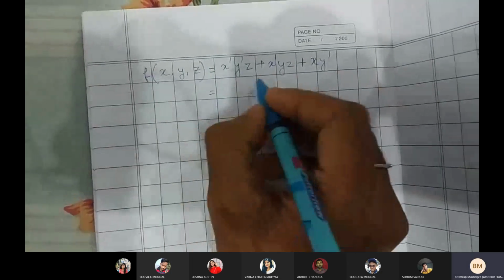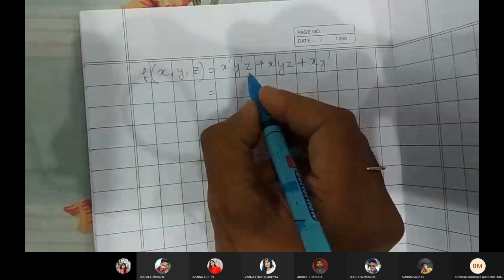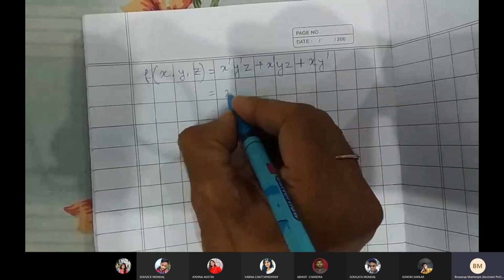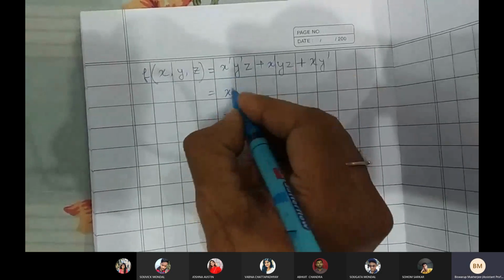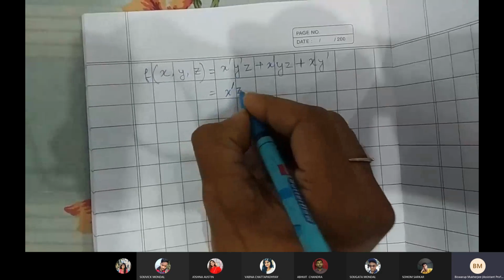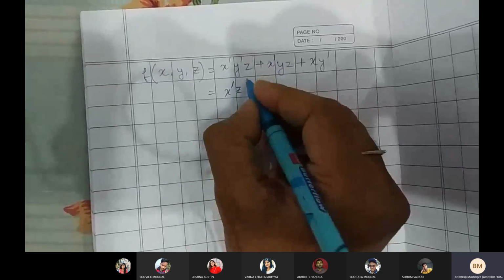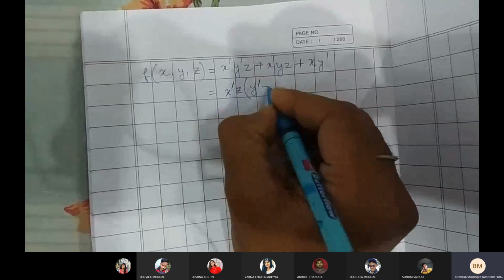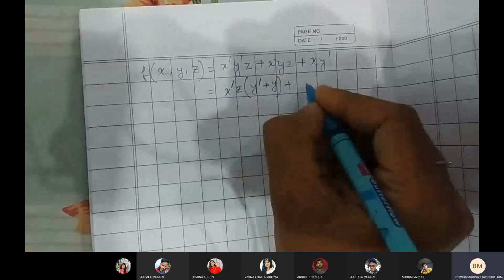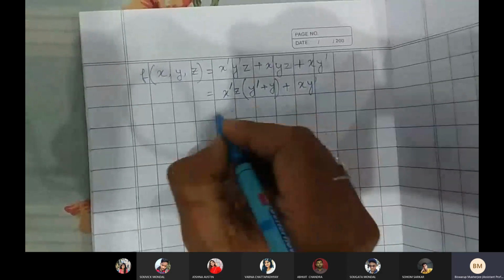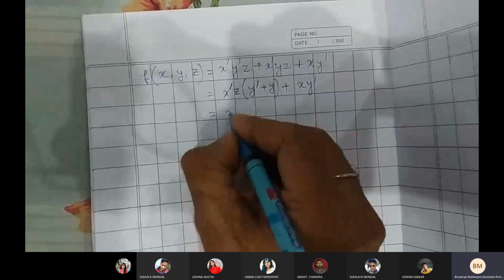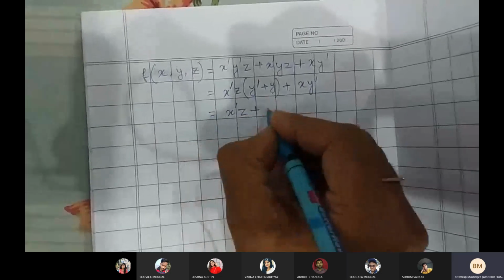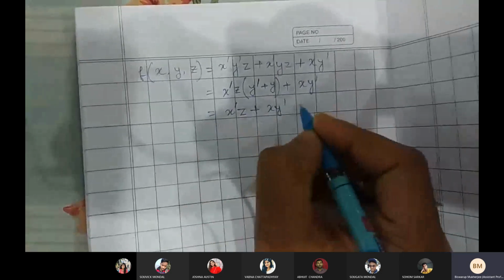Okay, so let us just take x bar z common in between these two terms. So the rest would be y bar plus y, plus x y bar. So that would become x bar z plus x y bar, right?